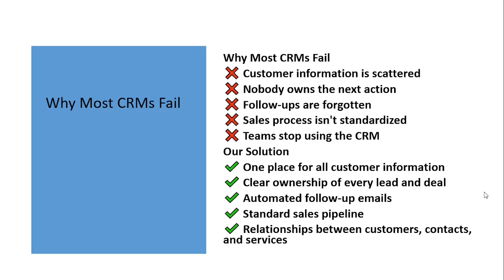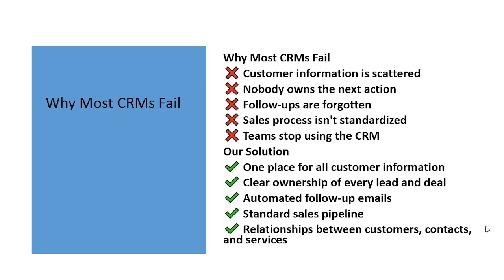Another common issue is scattered information. The customer's email is in Gmail, meeting notes could be in Notebook, quotations are in a Word document, and phone numbers are saved on someone else's mobile phone. When information is spread across different places, it's difficult for the whole team to stay aligned.